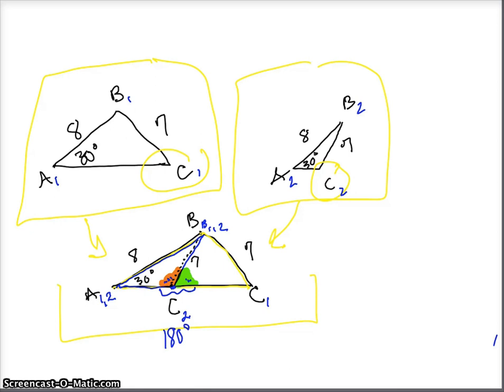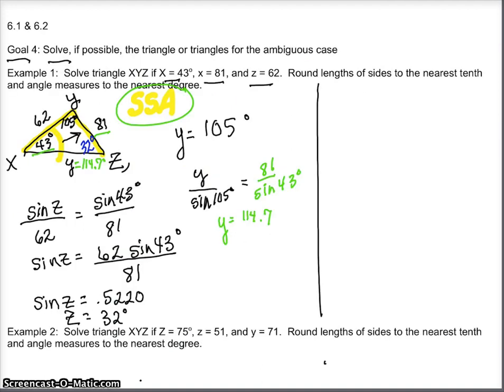They form a straight line. All right, so if we go back to our original example, in order to determine if there is a second triangle, then I have to first find the supplement of 32 degrees.